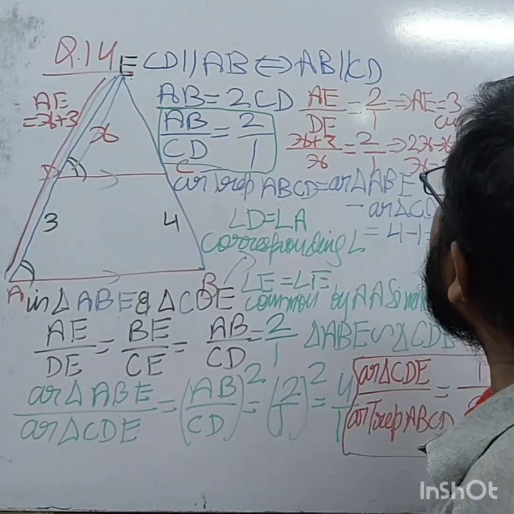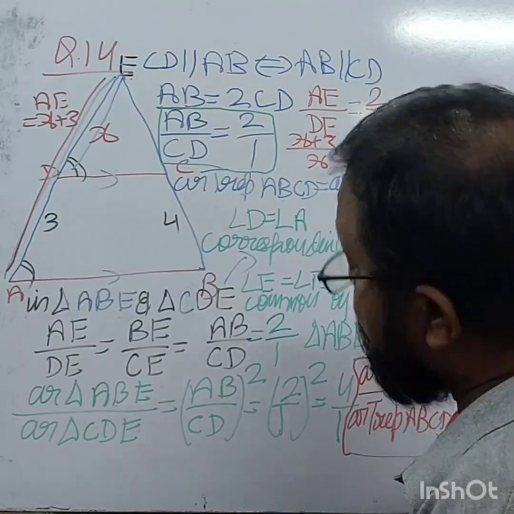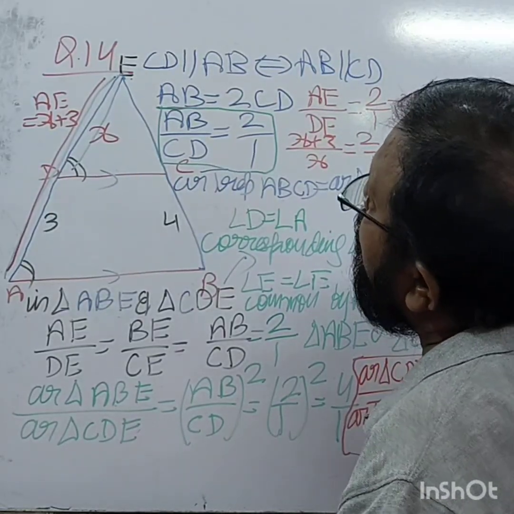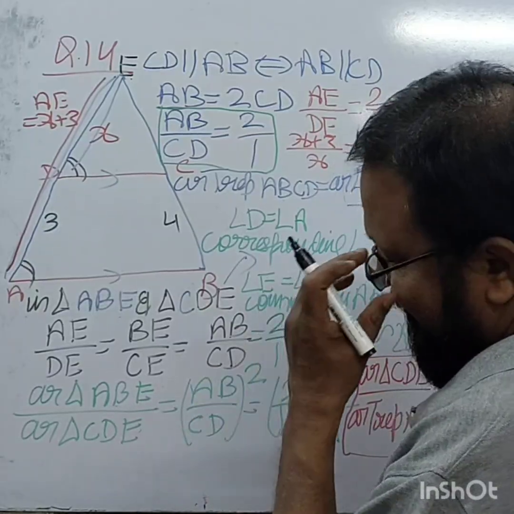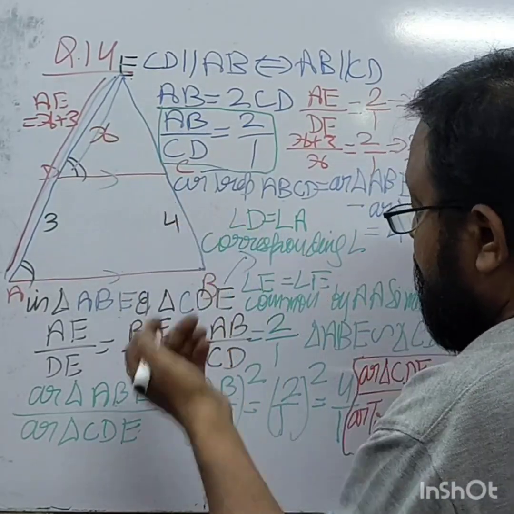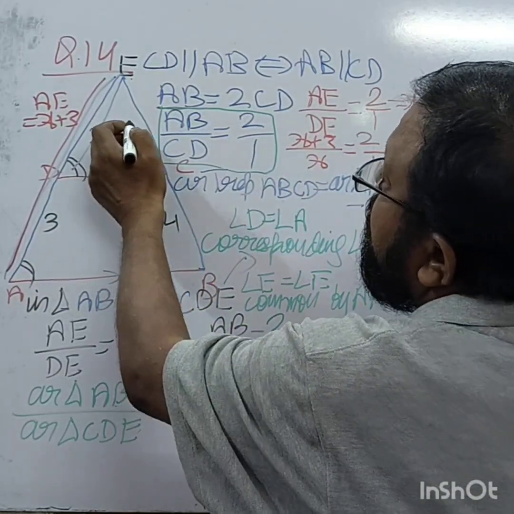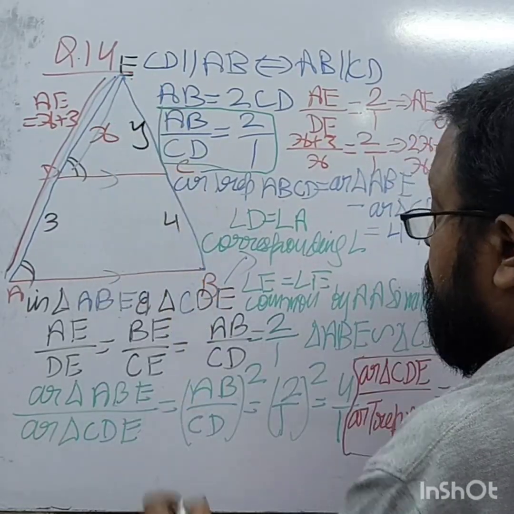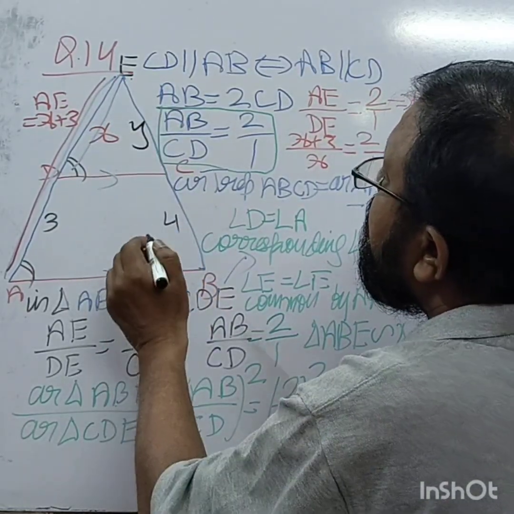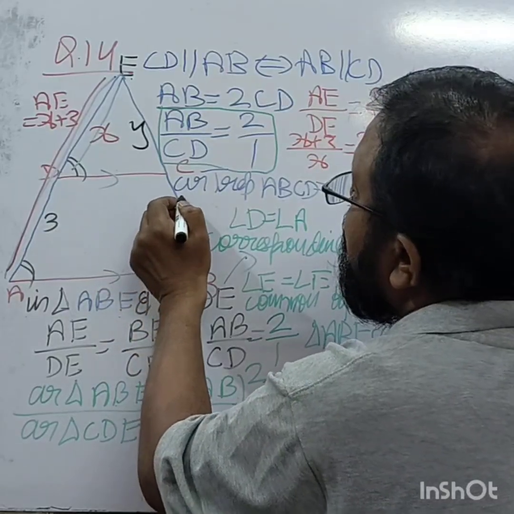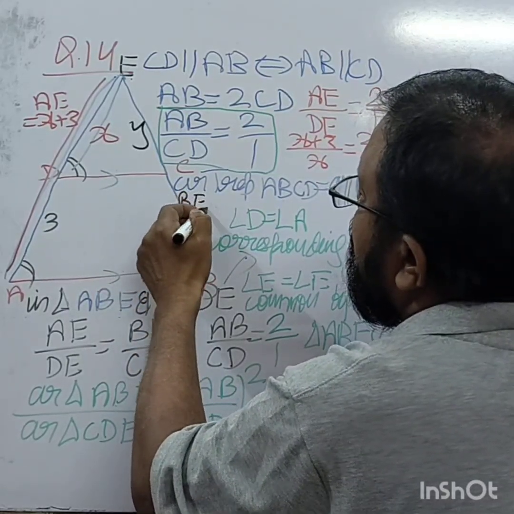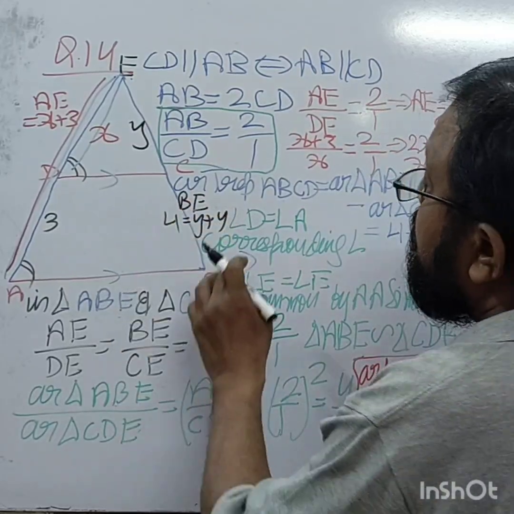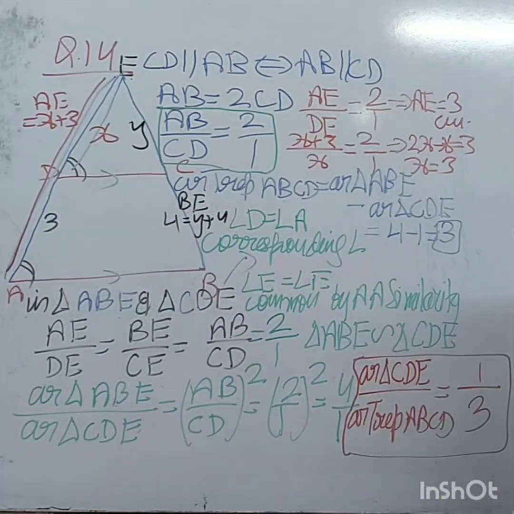Fine. What next do you want? BE. Okay. In the same way we will go. This is Y. So BE we can write as Y plus 4.